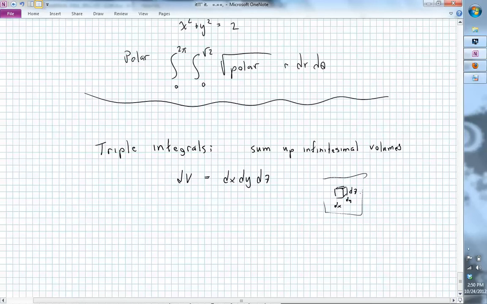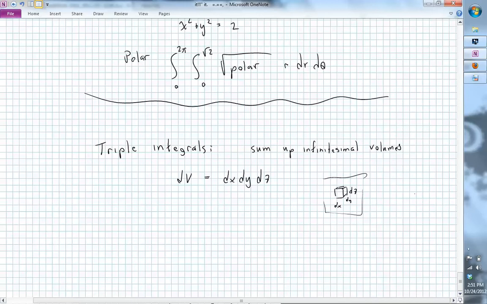Yeah, so in polar, and I don't want to dwell on this too much, everything was sort of shaped like a sector from above, and then you just fatten it up to give it some volume. That was cylindrical. In spherical, it's even a little crazier, and we'll talk about that on Friday.